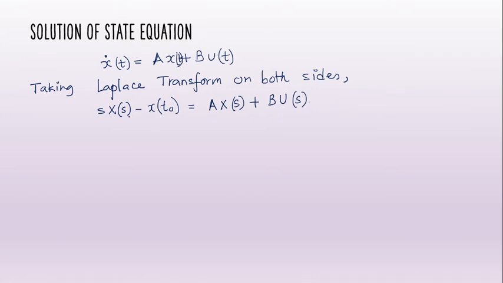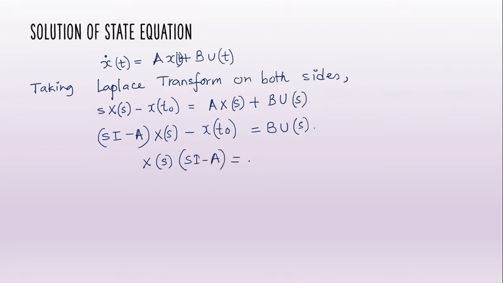So if I take X(s) to one side, it will be (sI minus A) X(s) minus x(t0) equal to B U(s). Taking this to the right hand side, I can take only X(s), and this will be (sI minus A) X(s) equals x(t0) plus B U(s).